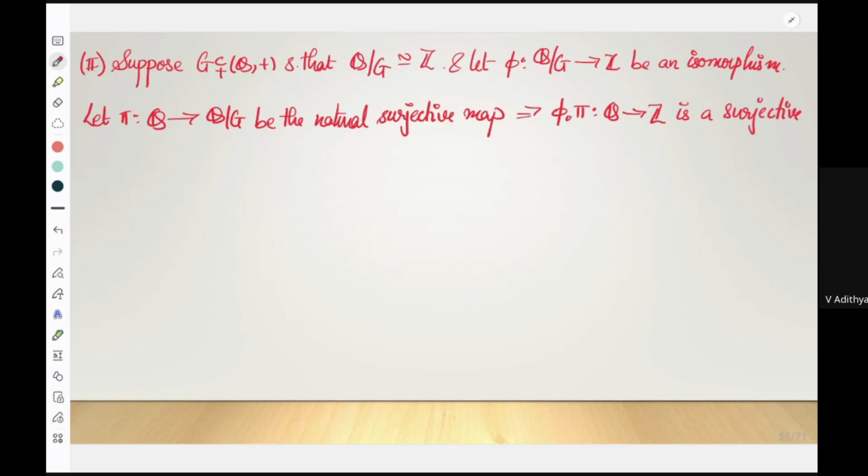Why? Because both phi and pi are surjective. So now the question boils down to whether there is a surjective homomorphism from Q to Z.